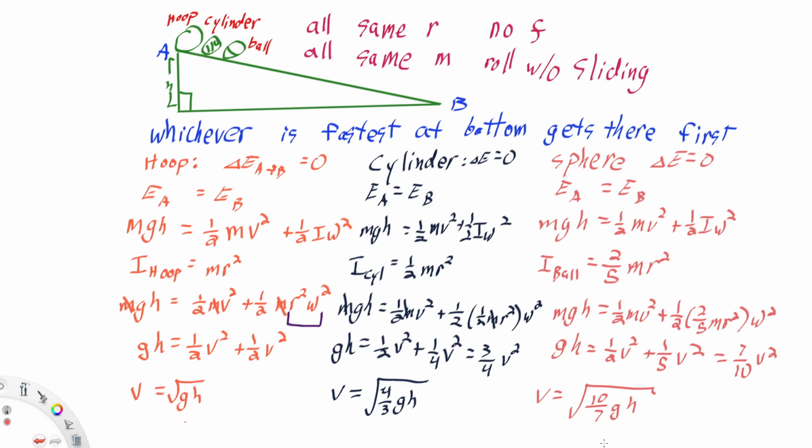And yeah, 10/7 is slightly bigger than 4/3. So the ball is the fastest of all.